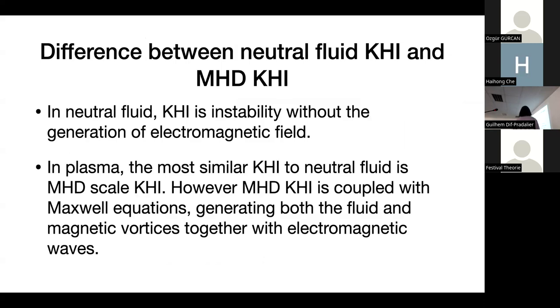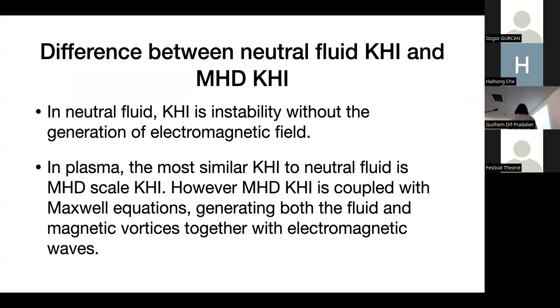Before we move to the electron Kelvin-Helmholtz instability, I want to first talk about the difference between the neutral fluid Kelvin-Helmholtz instability and the MHD Kelvin-Helmholtz instability, because Kelvin-Helmholtz instability in plasma was first studied at the MHD scale.